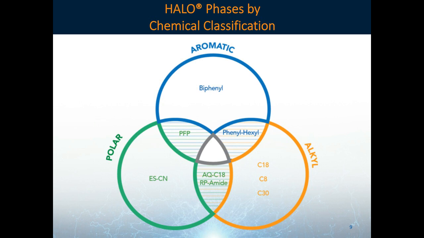So we've grouped the phases like this in order to help people recognize which phases have similar chemistries. And when they're looking to do method screening, what we recommend is that they pick phases from different parts of these chemistries. I'll show some examples of that in a little bit.